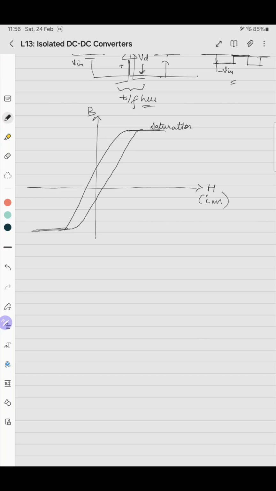H is the magnetic field intensity, so it will draw some current, which is necessary for production of the electromagnetic field.